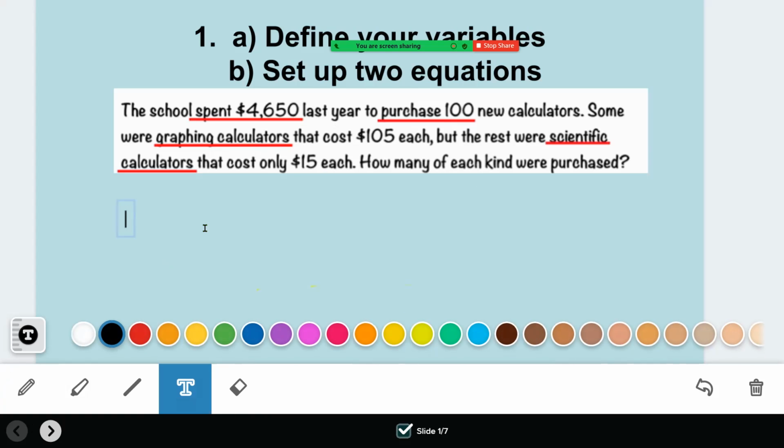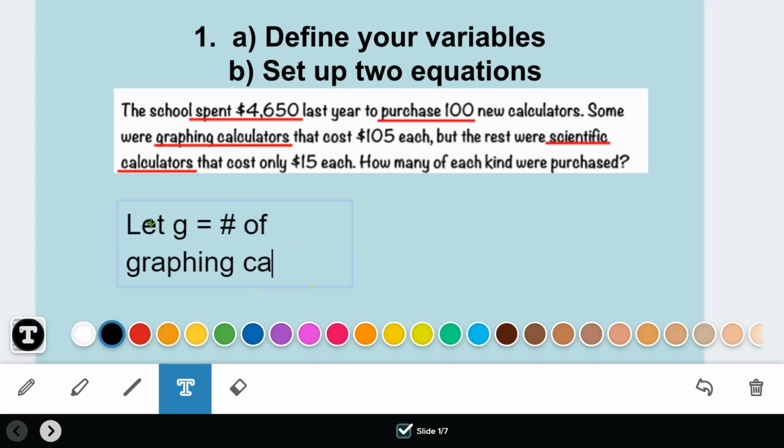So I am just going to set up an equation. Okay, define my variables first. So for this, I'm going to let G equal number of graphing calculators.